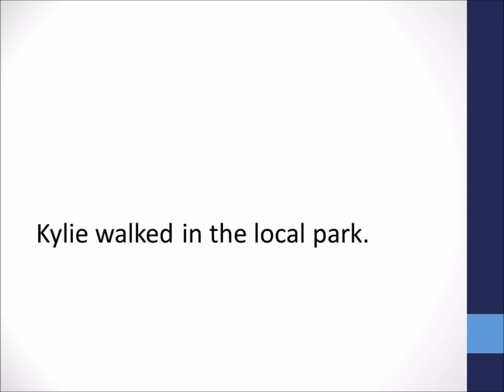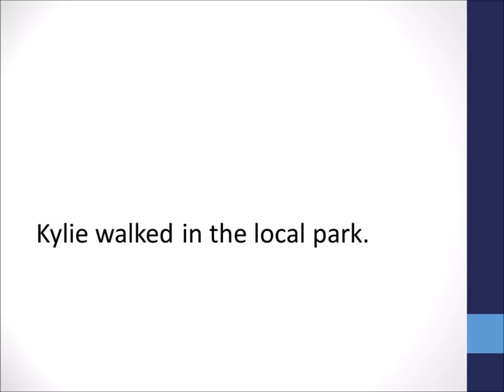Let's look at the sentence, Kylie walked in the local park. And if you follow along with the questions that I was asking previously, you'll help to answer what each part of this sentence is functioning as. Now, for those of you who realize this, clauses can be independent, they can stand on their own.